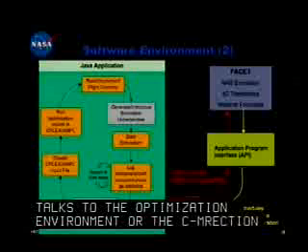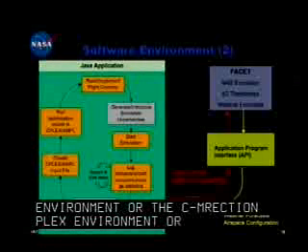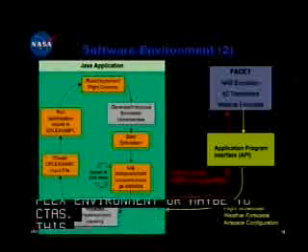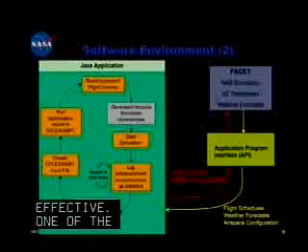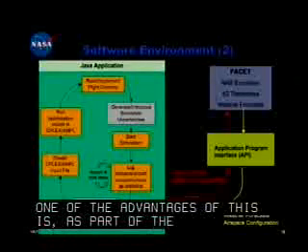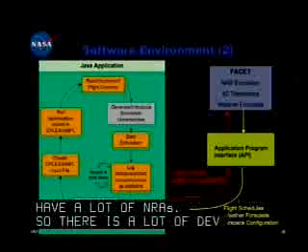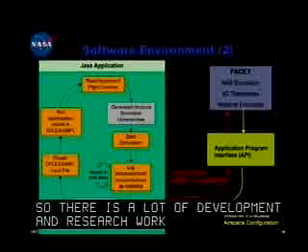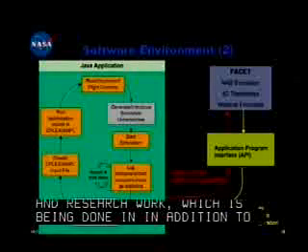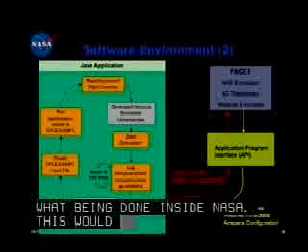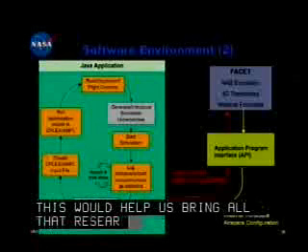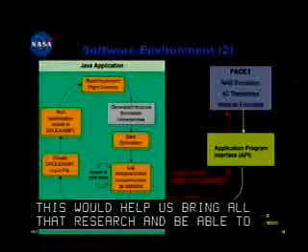And this has proved very, very effective. And one of the advantages of this is, as part of the program, we have a lot of NRAs. And so there is a lot of development and research work which is being done in addition to what is being done inside NASA. And this would help us bring all that research and be able to evaluate them in a sort of a natural environment.